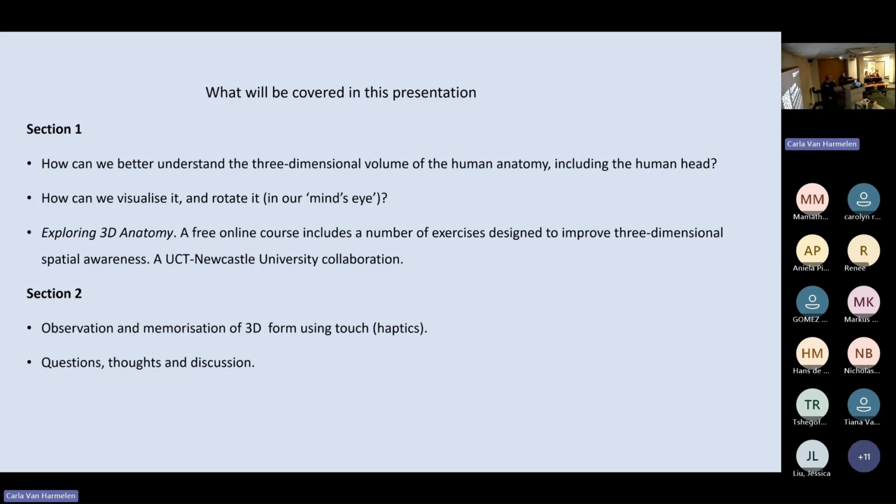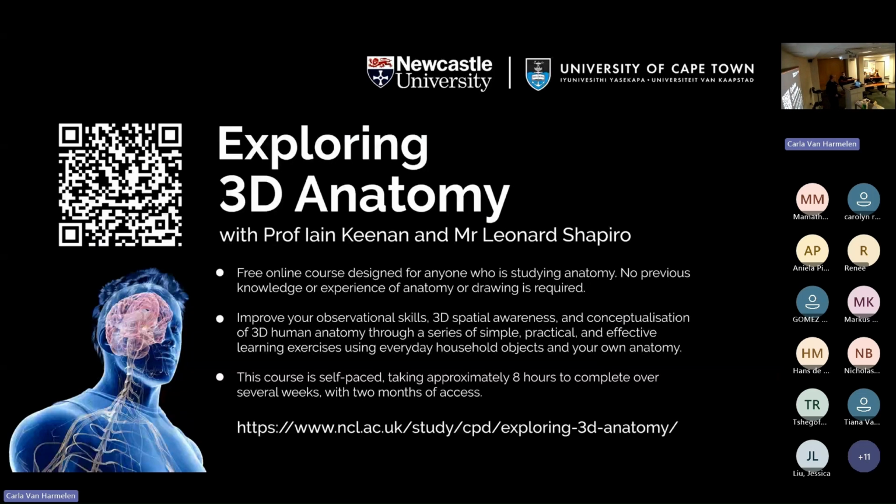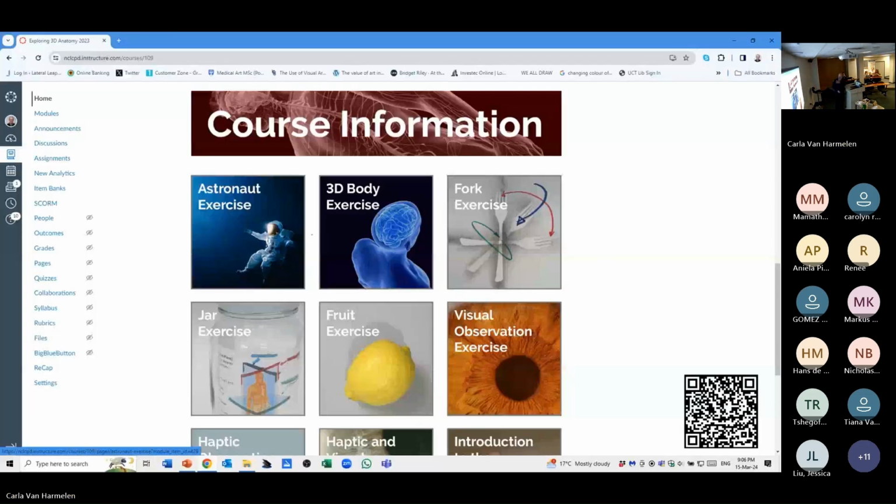We will come back to this at the end, so you can scan the QR code. The course is free and you can do it. But first of all, let's see if you want to do the course. So the course has in it different exercises: an astronaut exercise, a body exercise, an exercise using a fork, ordinary household objects that you can use.